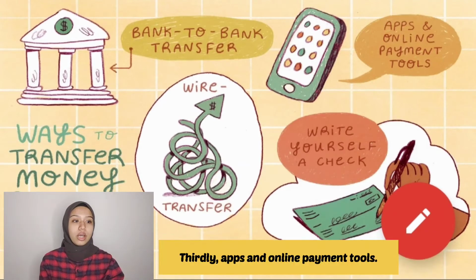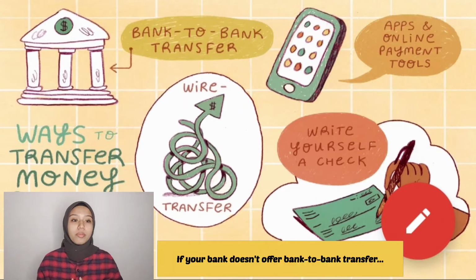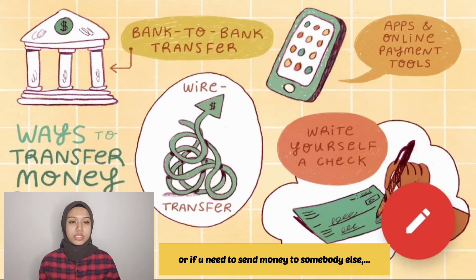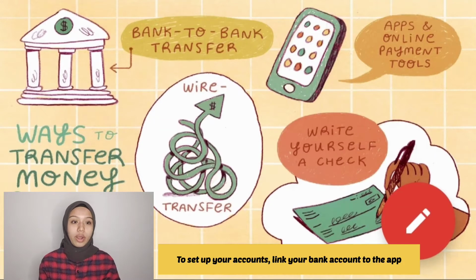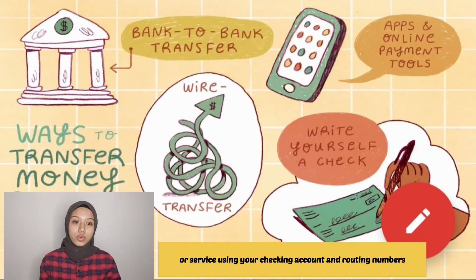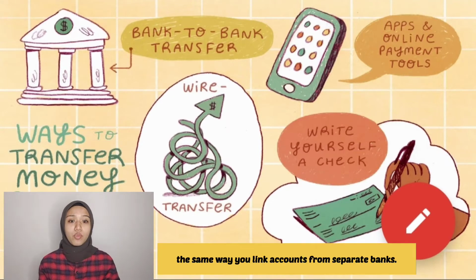Okay, thirdly, apps and online payment tools. If your bank doesn't offer bank-to-bank transfer, or if you need to send money to somebody else, person to person, payment tools may provide what you need. Set up your account and link your bank account to the app or service using your checking account and routing numbers, the same way you link accounts from separate banks.